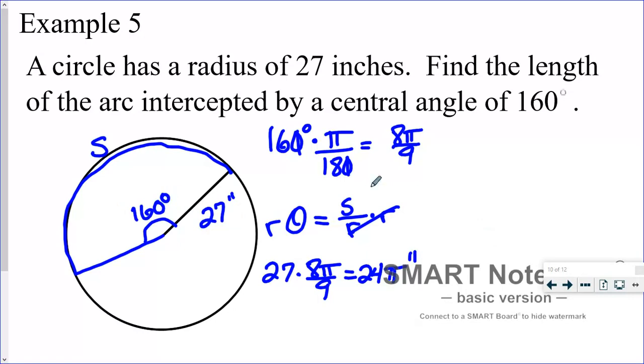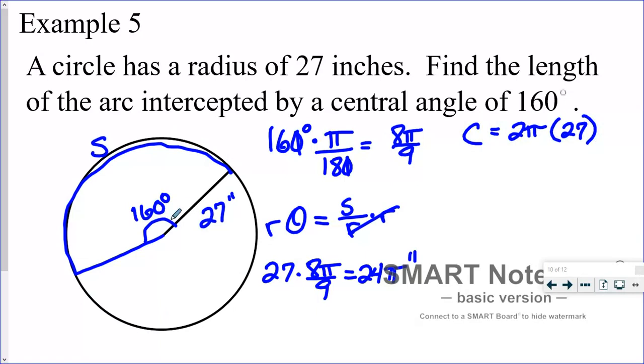degrees. So we know that the arc length of the entire circle is just the circumference. And so I know the circumference is 2 pi times r, which in this case is 27. Now all we have to do is set up a proportion.